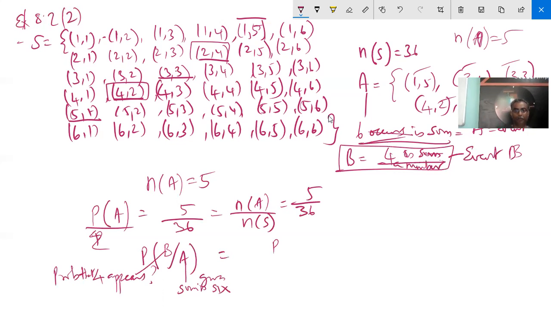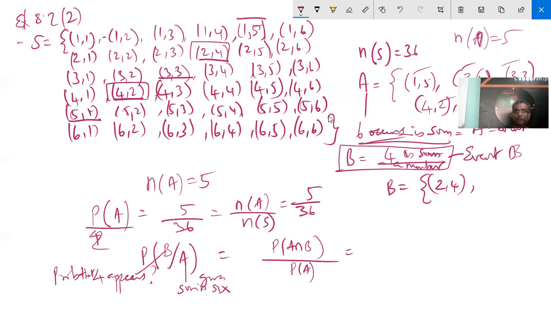You remember the formula P of A intersection B? Yeah, I remember a little bit. So P of A intersection B. What is the intersection between these two? Event B is that 4 is a number. So 4 occurs in 2,4 and 4,2.